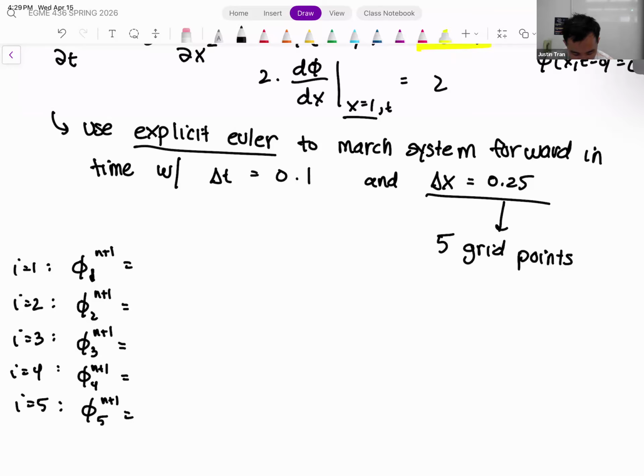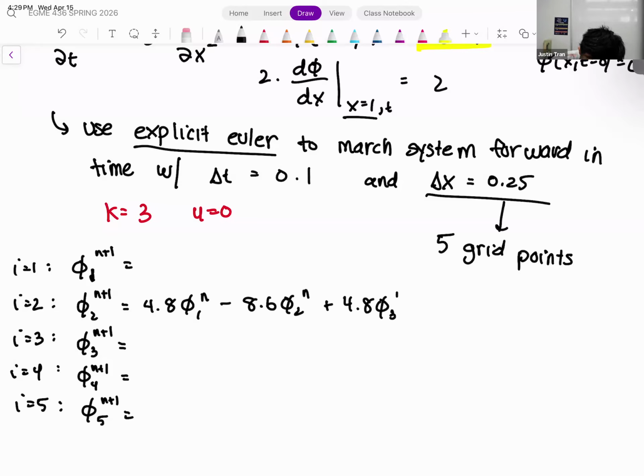All right, so for nodes 2, 3, and 4, let's go ahead and write those in. We plug in the numbers for this problem, so we have k equal to 3 here, u equal to 0. This is from example 1. We get 4.8 phi 1 at n minus 8.6 phi 2 at n plus 4.8 phi 3 at n.